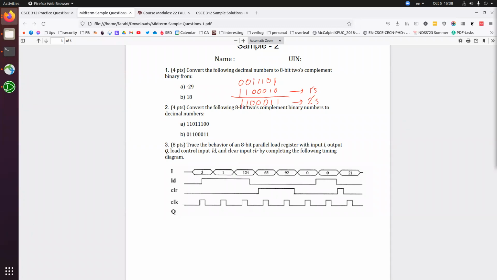Yes. So this is 99, right? So we get the 2's complement form. So how can we write the 2's complement form in binary? We have minus 29. The 2's complement form is this. So the sign bit is 1, so we will have 1 1 0 1 1 1 0 0 0 0 1 1. That's the 2's complement form. Any questions about this?